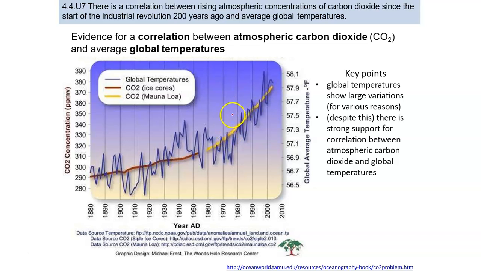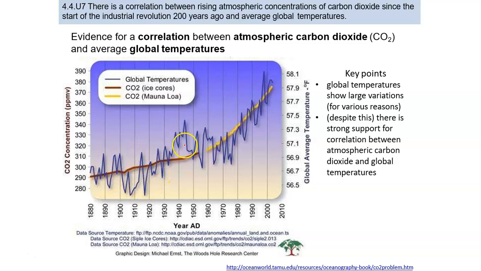According to this graph, this is evidence from 1880 until 2000 plus something, like 2007. You will see the increase of the global temperature in blue.